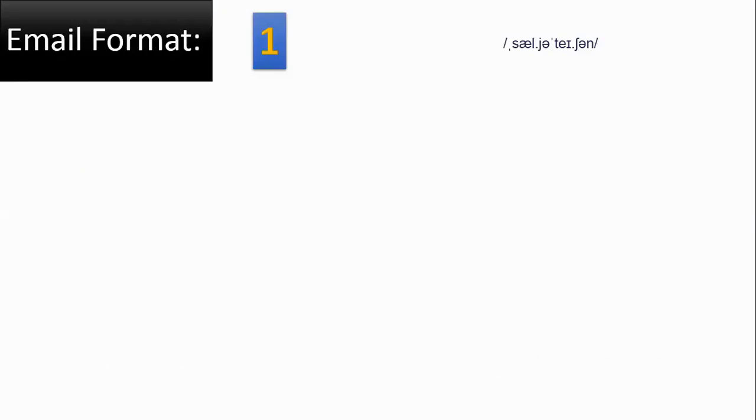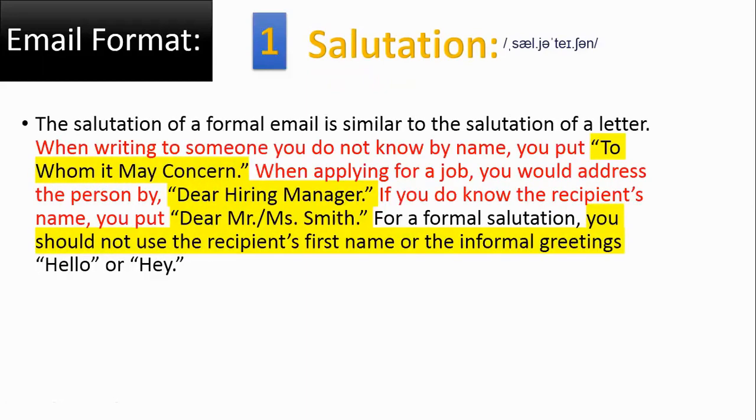First thing, email format. Salutation. The salutation of a formal email is similar to the salutation of a letter. When writing to someone you don't know by name, you put To whom it may concern. When applying for a job, you would address the person by Dear Hiring Manager.